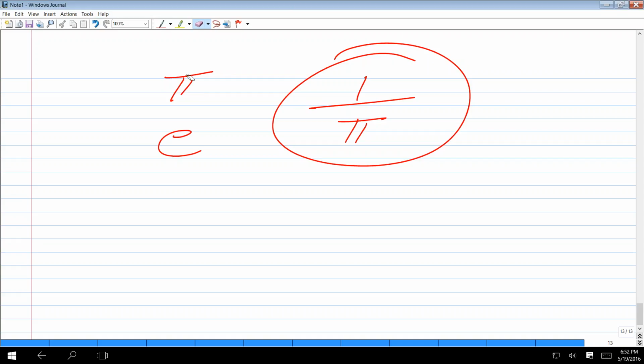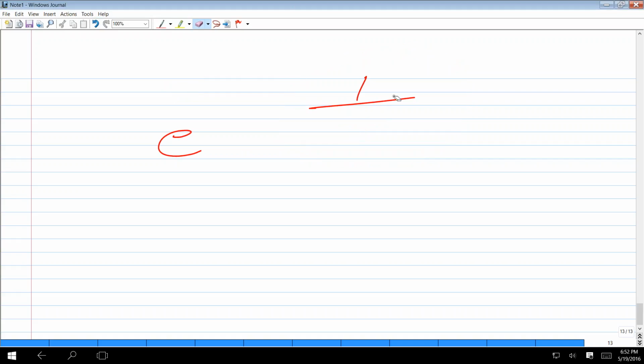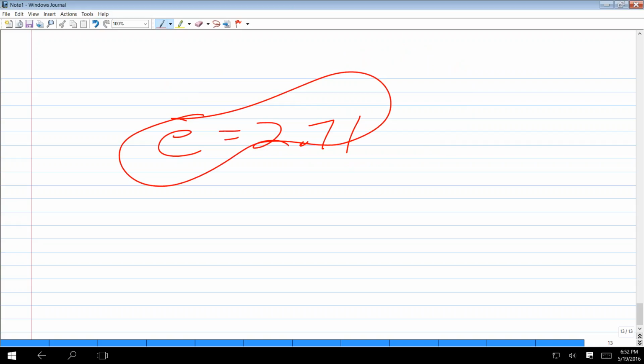What's e? E is another irrational number. It's equal to approximately 2.71. It's probably the second most important number in math, pi being the first. E is the way a lot of things in life grow or decay.